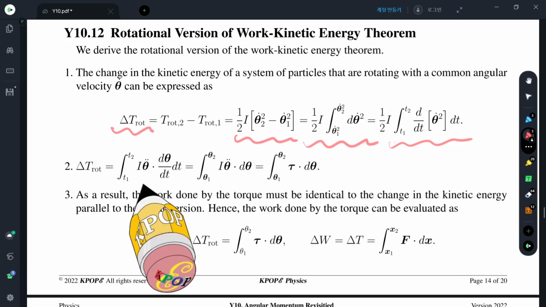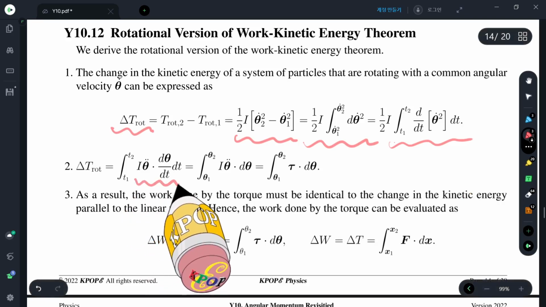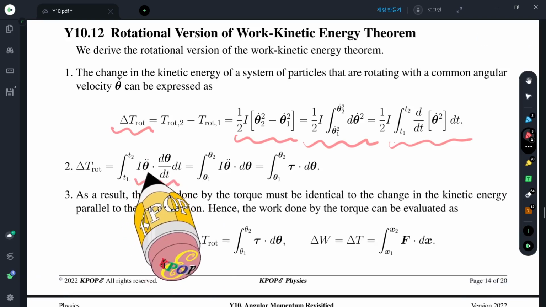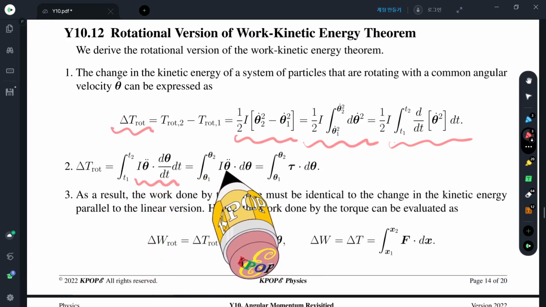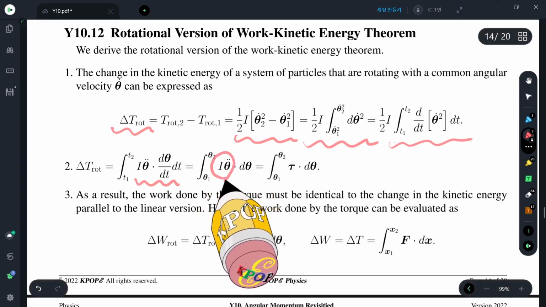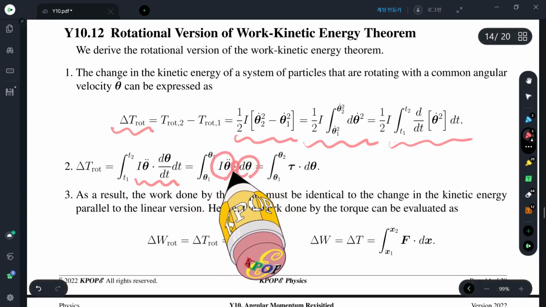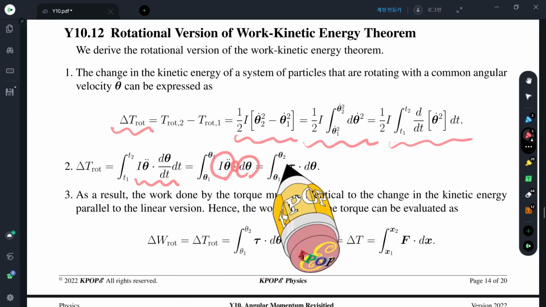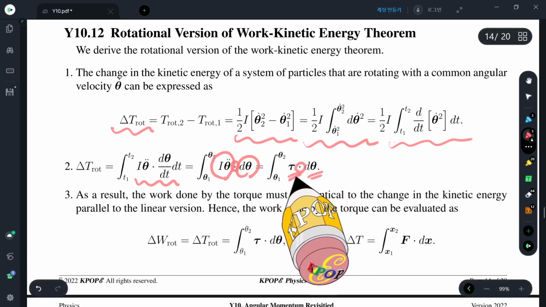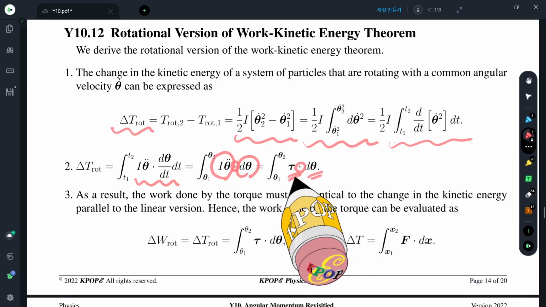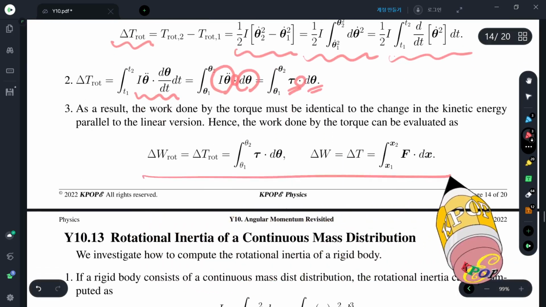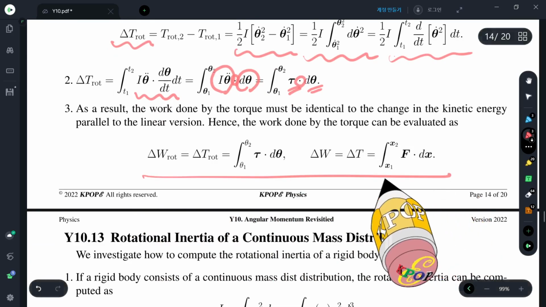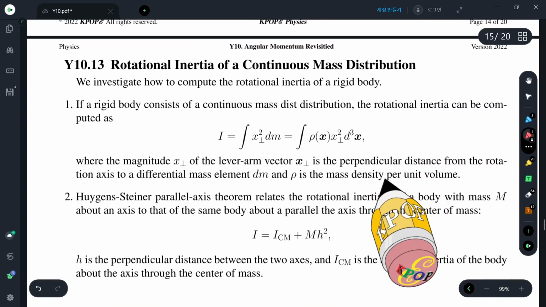By the way, this is a torque, angle scalar product. Change in rotational kinetic energy can be computed like that. What's that? The torque angle scalar product. So this is the proof of work kinetic energy theorem for the rotational motion.